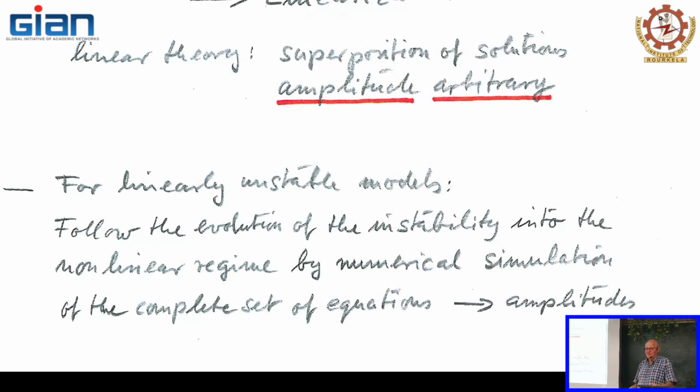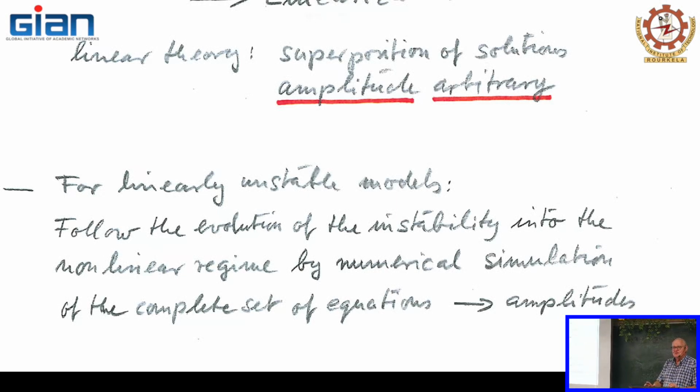So the final fate will not be a nicely pulsating star, but it might be that the star gets disrupted by an instability. Both can happen, but the third step will then be the nonlinear evolution in any case.